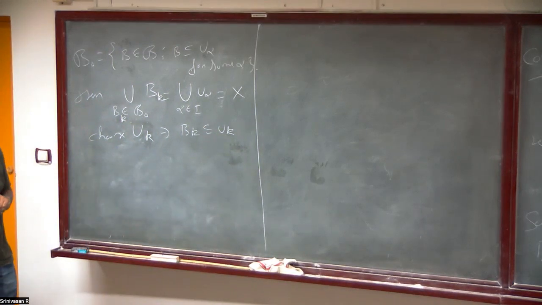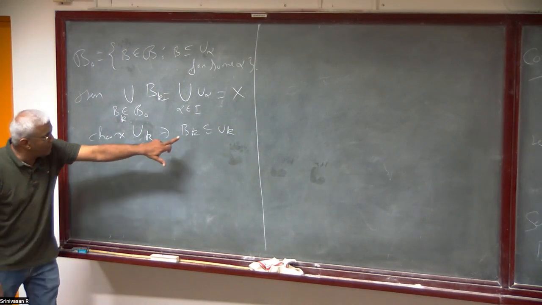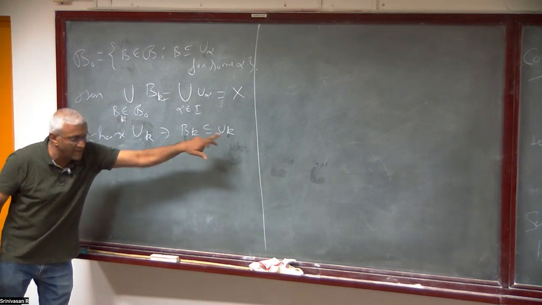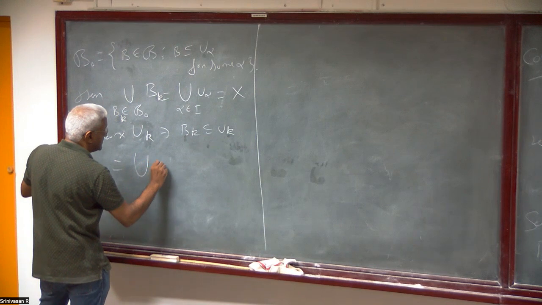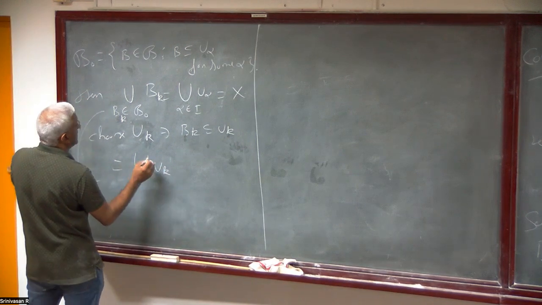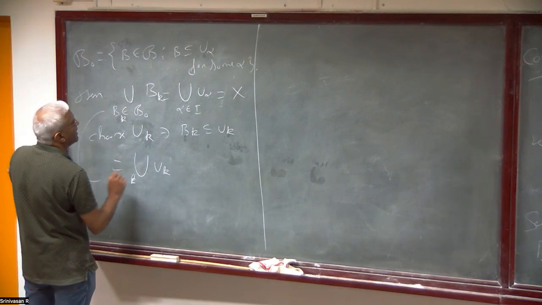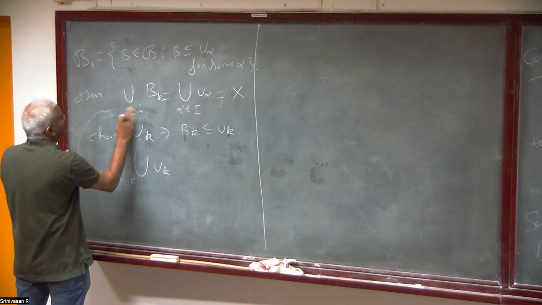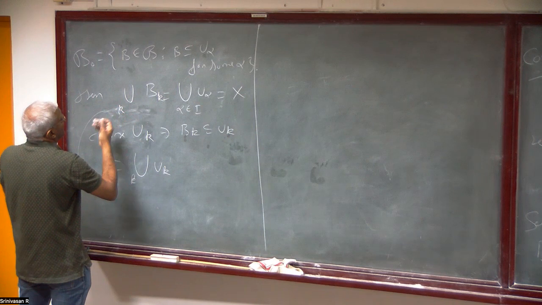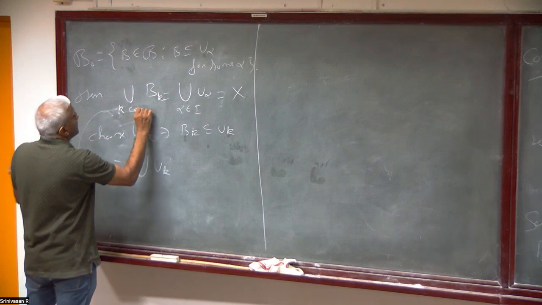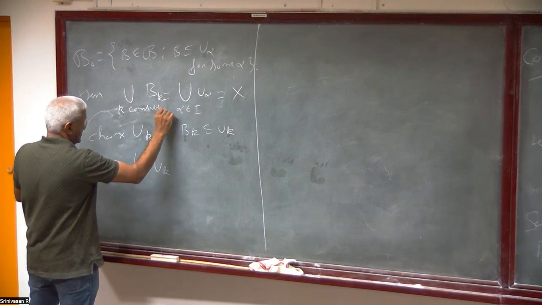Choose a U_k. Now the union of B_k is contained in the union of U_k. So it's k, right? Now this is equal to the union of this U_k, k equal to 1 to infinity. Countably many k.